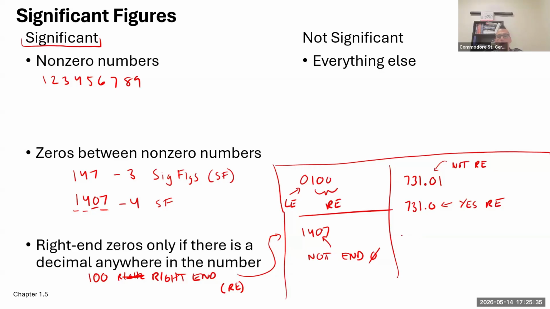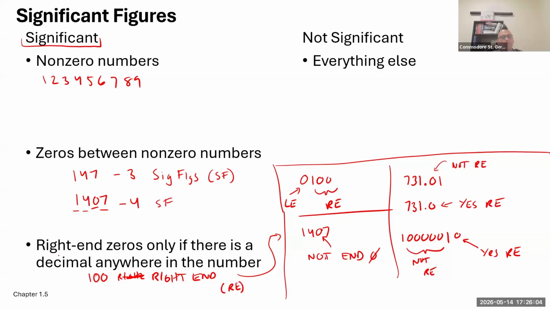We could have something like, let's make it weird, right? These are not right end, and this one, yes, a right end. So anything basically at the trailing or end, they can be on the right side of the number. That's going to be a right end zero.